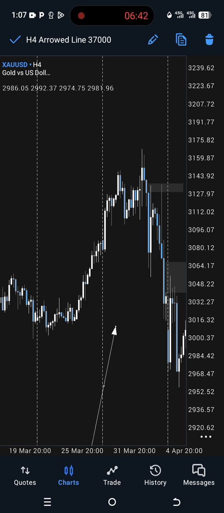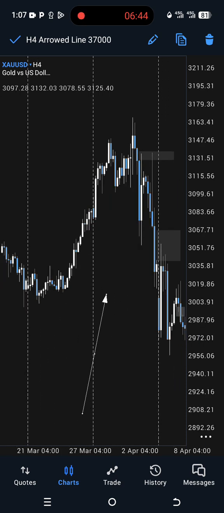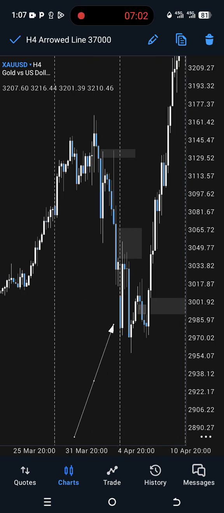Now, whenever an intermediate term low or an intermediate term high is taken out, we usually experience a deep retracement to at least 50% of the price range from this intermediate term high to this intermediate term low. Okay, so let's progress.